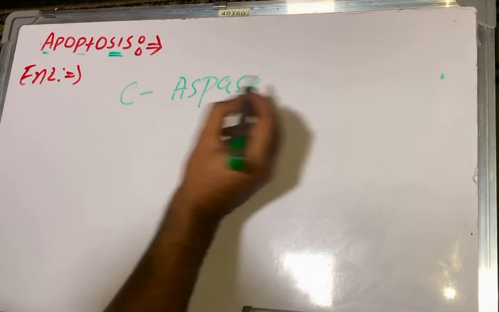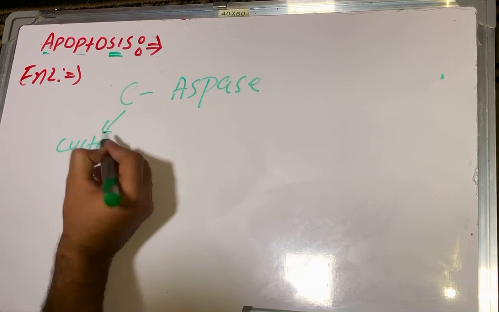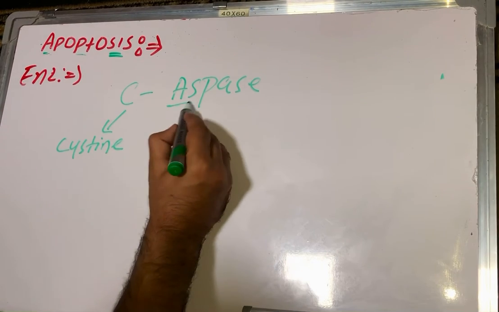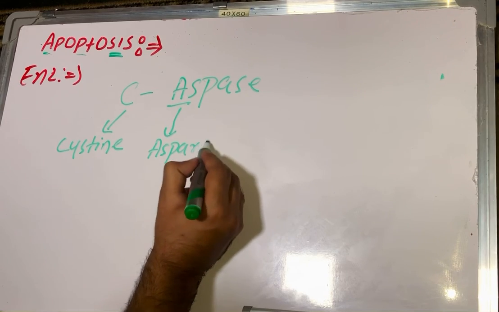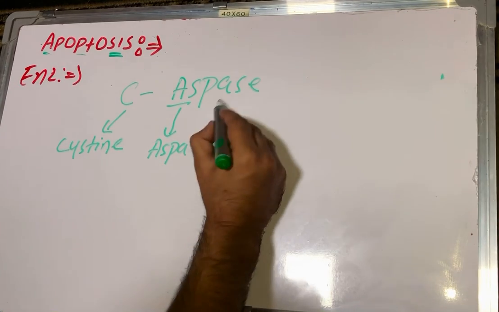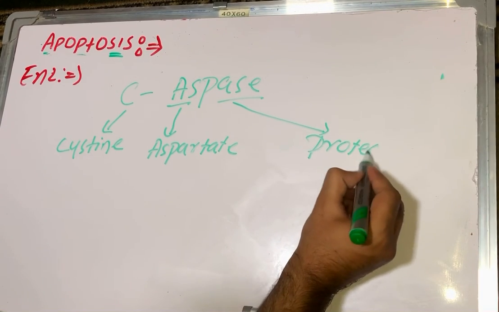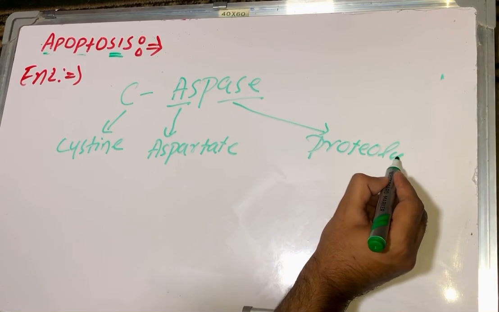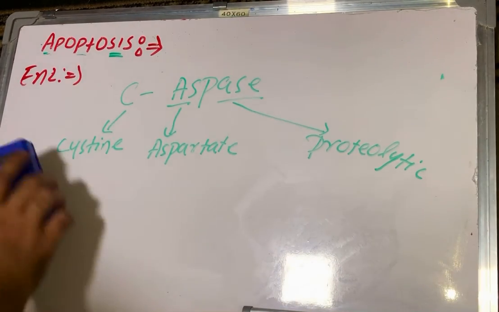Caspases. C means cysteine, asp means aspartate, and ase means proteolytic enzyme. That's why it is called caspase enzyme.